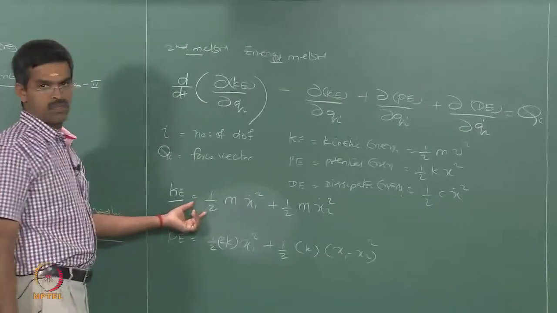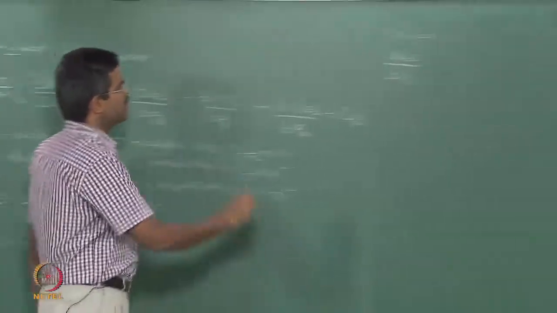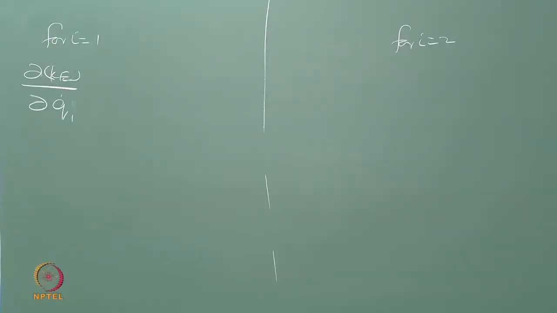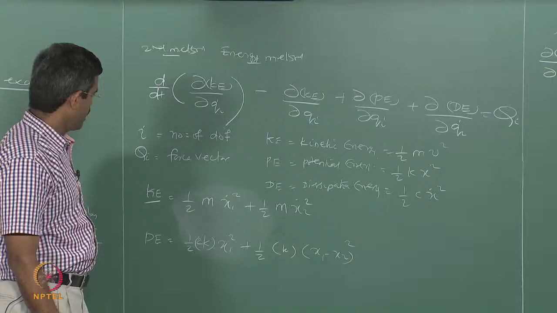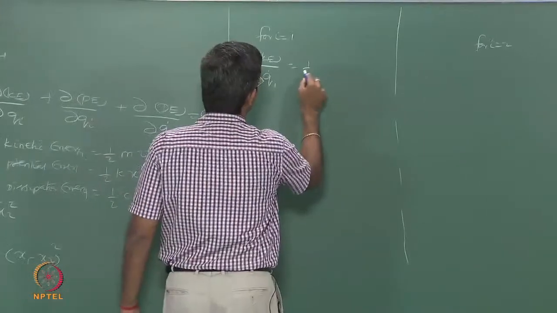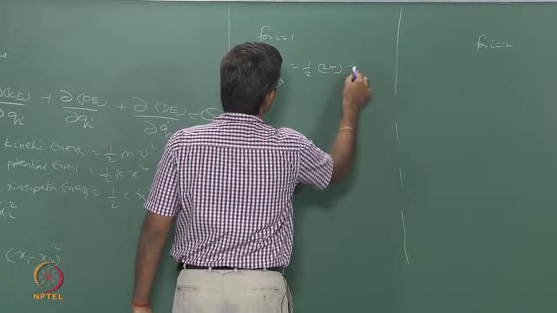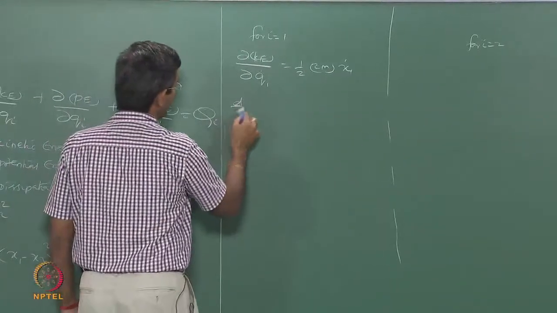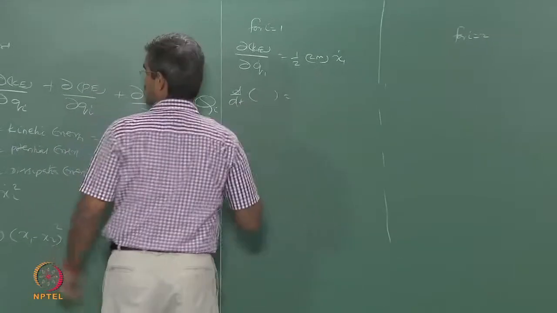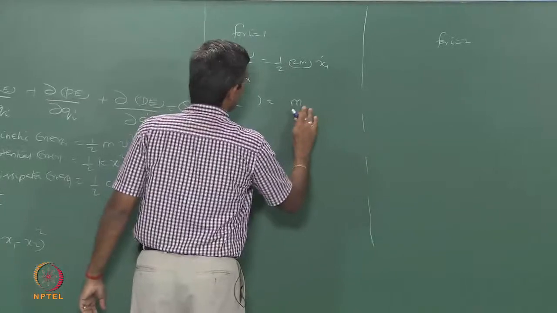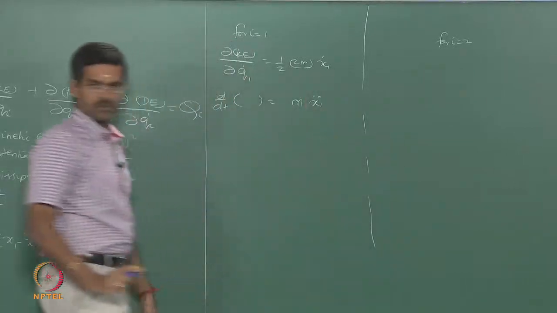So, instead of i I should say q1 dot. Q is the displacement here, x1 or q1. So, it is going to be half of 2m of x1 dot. Then I should say d by dt of this function, that is required here. So, I should say m x1 double dot.